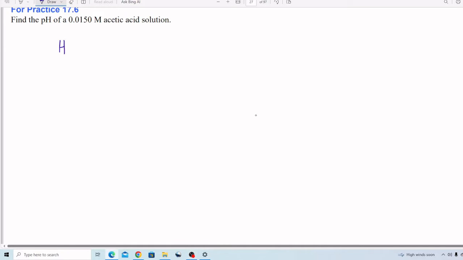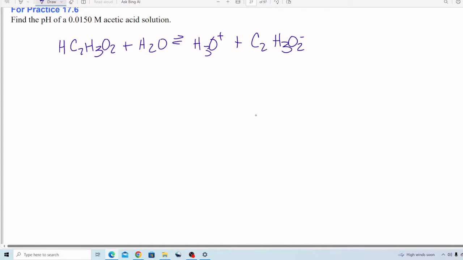That's HC2H3O2, so that's acetic acid, plus water yields H3O plus and the acetate anion, C2H3O2 minus. Remember, the generic equation for this is HA, where we have the H plus and the A minus.